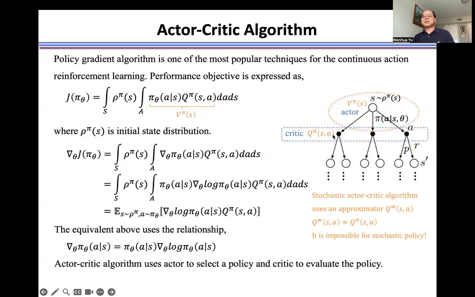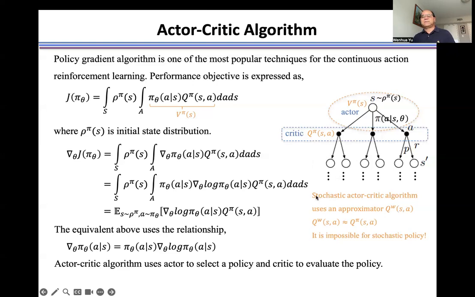However, this Q function not only depends on the action selected under this policy, it depends on the whole trajectory until the terminal. Since this policy is stochastic, there is no way to determine the real Q function. That's why we cannot directly use Q as a critic to evaluate the policy.